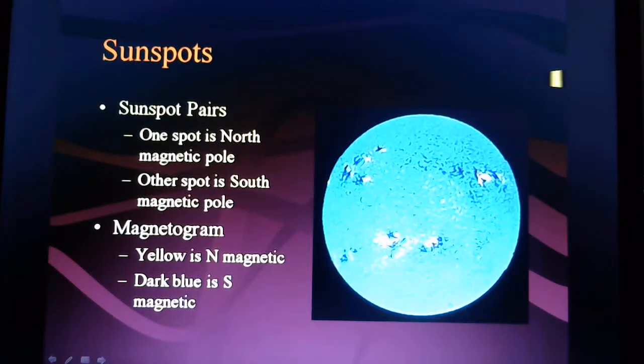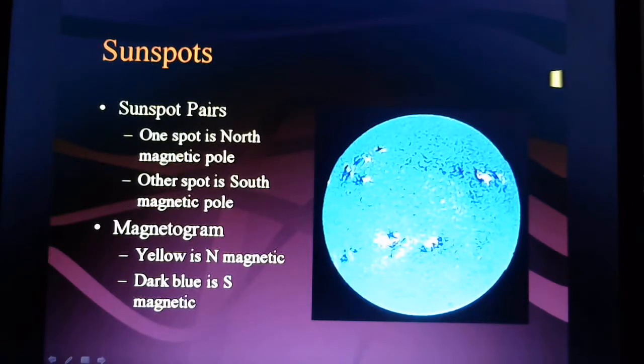of the sun. But if we were to suddenly pull away this diagram and underneath it have a photograph of the surface of the sun, which was taken at the same time as the magnetogram, you would see sunspots in every one of these locations where you see the north and south magnetic poles paired up.